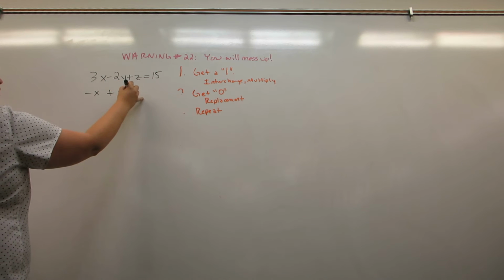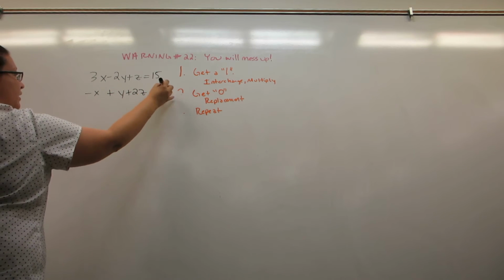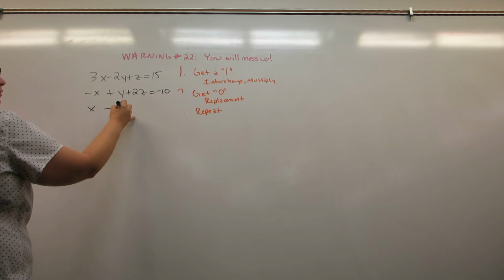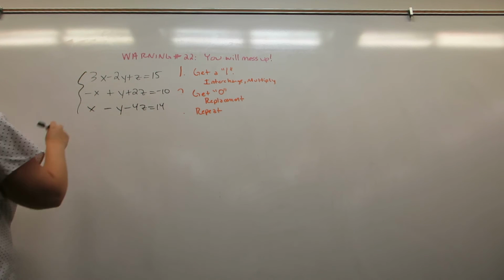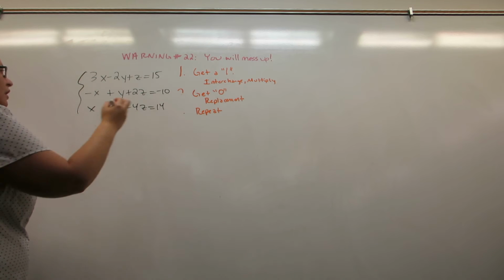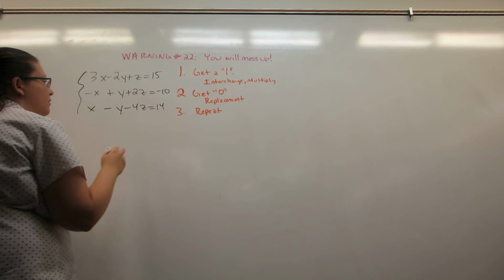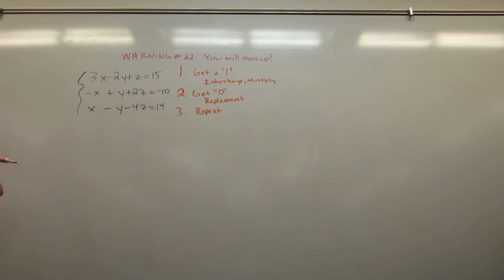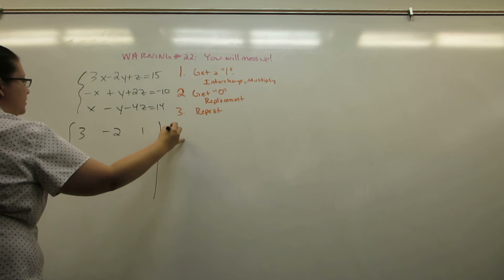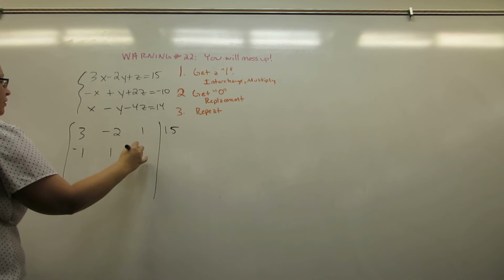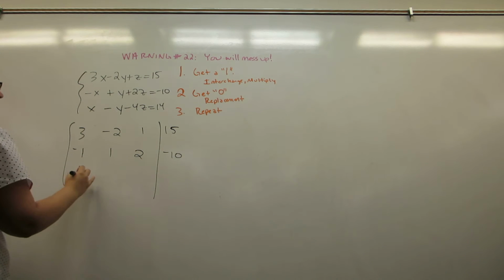Minus x plus y plus 2z is minus 10. X minus y minus 4z is 14. This is my new system. I'm going to use the same method to solve it. So first, I turn it into an augmented system by reading the numbers of each equation across.